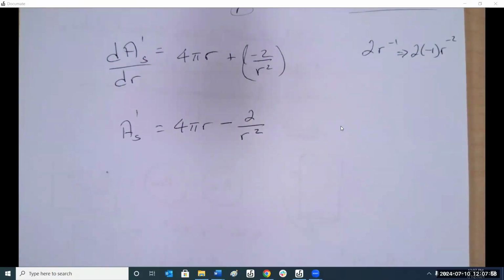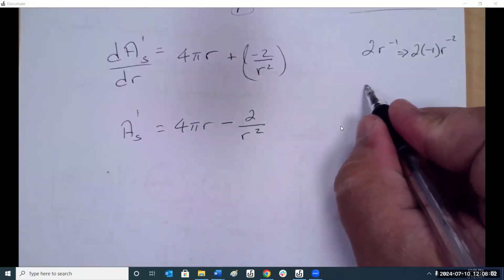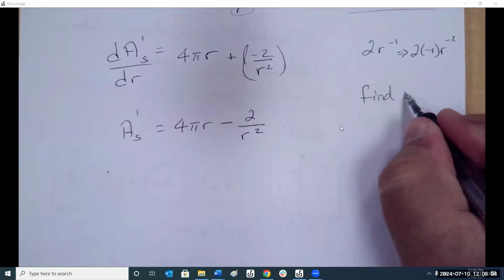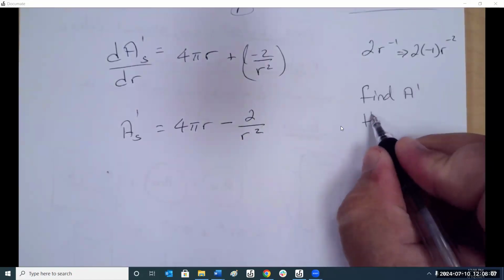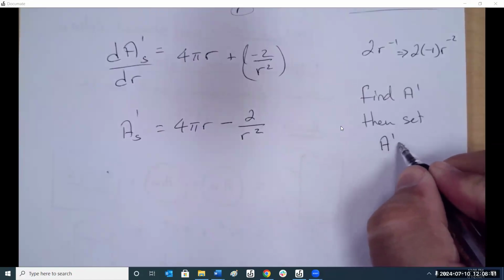We find the derivative. Now what? Find A prime. Then set A prime equal to 0.